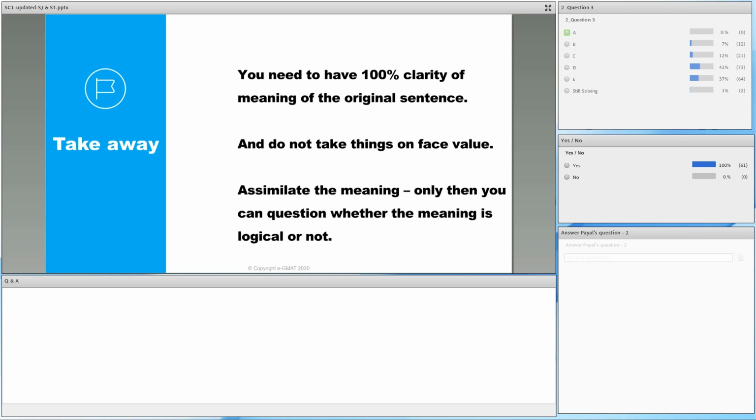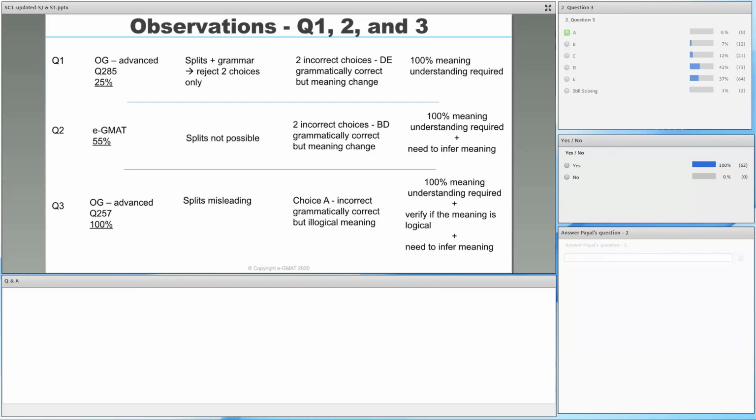However, the context will have enough information for us, and this will work for every sentence, to put 2 plus 2 together and derive what the logical intended meaning can be from the given information. So you'll have to take an extra step to infer that meaning from the given information. That's our key takeaway from this sentence.